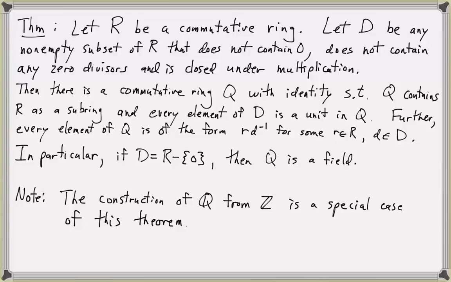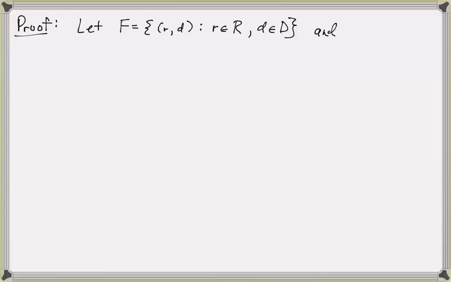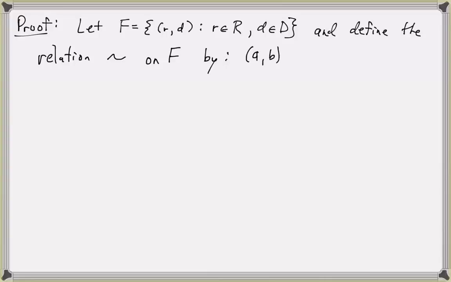Let's begin a proof. Let capital F be the set of ordered pairs (r, d), where r is in the ring R and d is in the subset D, and we're going to define a relation tilde on F by (a, b) is related to (c, d) if and only if ad equals bc, which again, remember, was similar to the idea of two fractions being equal in the rationals.